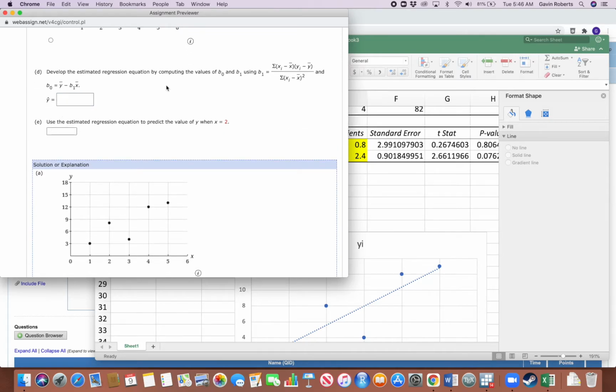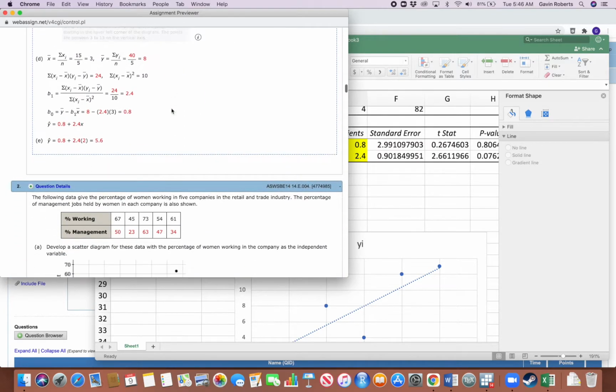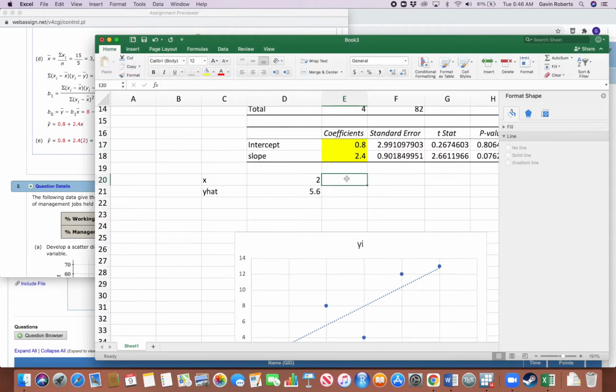I guess they want you to just type the entire equation into this one, but let's take a look at D. So yeah, they want you to write 0.8 plus 2.4 times x, because if we wrote this equation out, that's what it would be, right? This equation says y equals 0.8 plus 2.4x. That's how we would write that equation.